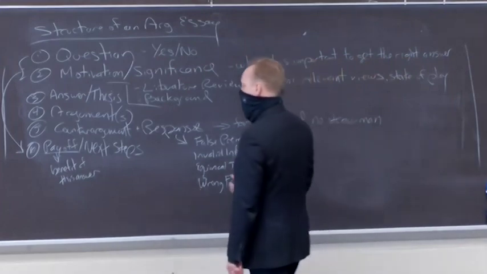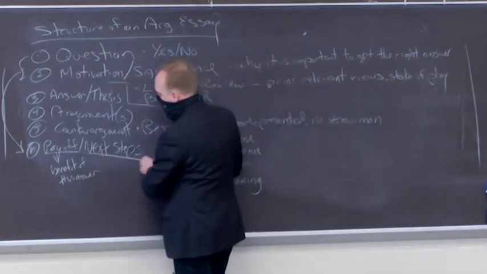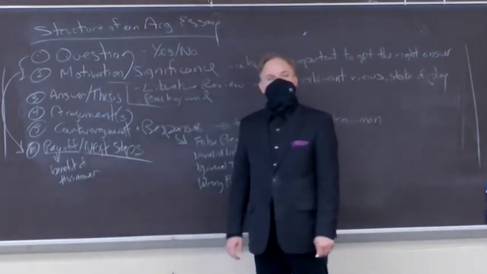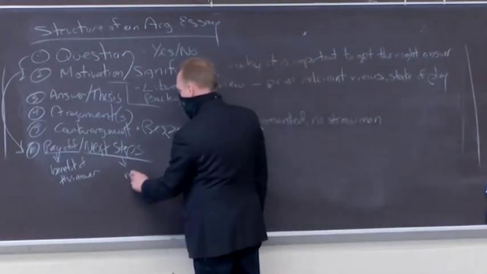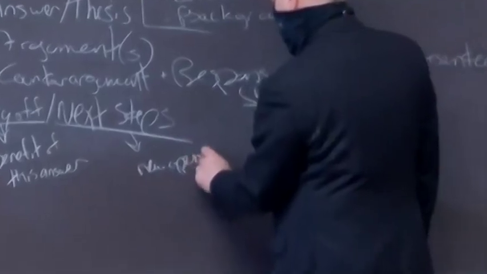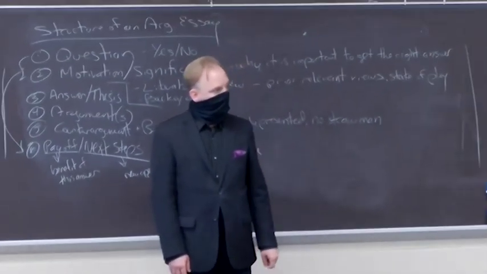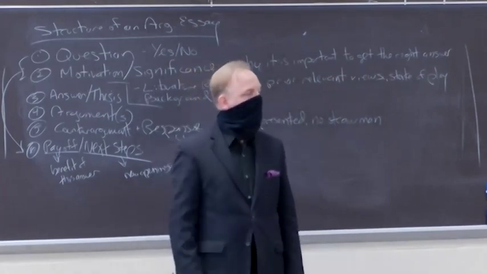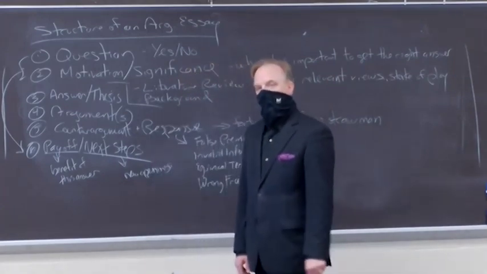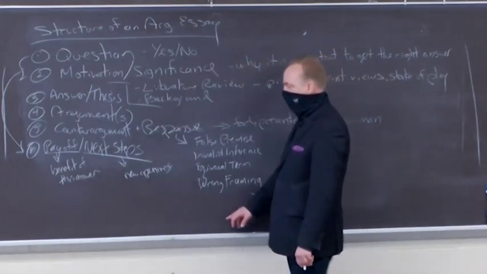This is the place where you can spike the football. Or, if that's inappropriate, talk about the next steps. What new vistas, what new openings for argument are available, right? Where might this go? What's the next thing along the path in terms of the argument?